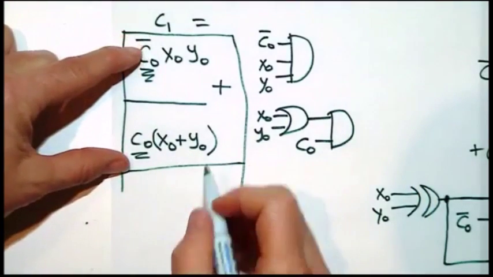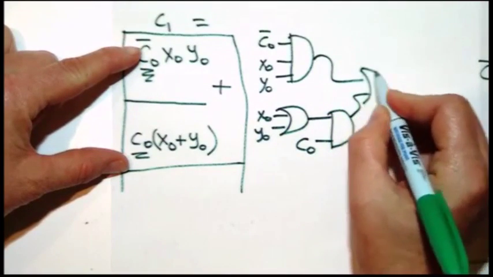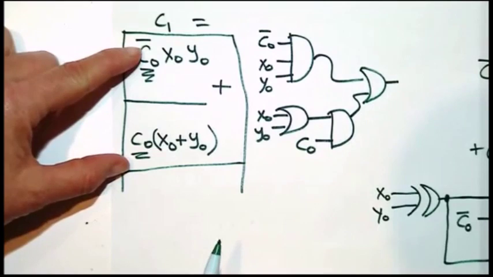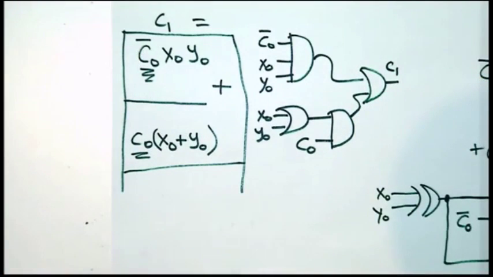And then these two terms are finished, so now I can OR them together. And by the way, don't connect these lines because they have different values on them. So now this output would now give me C1. Any questions about that?